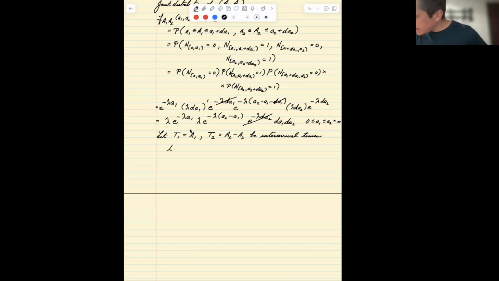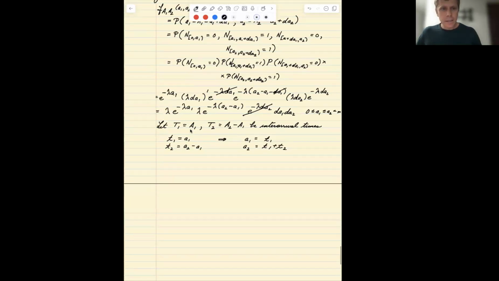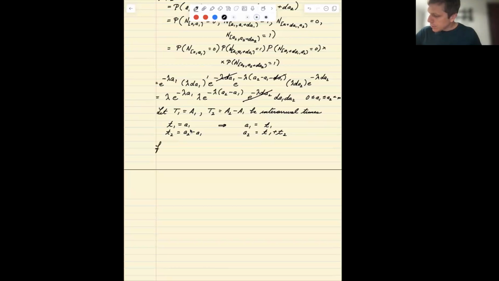Then we want the joint density of T1 and T2, and we'll get it using the change of variables for bivariate densities.